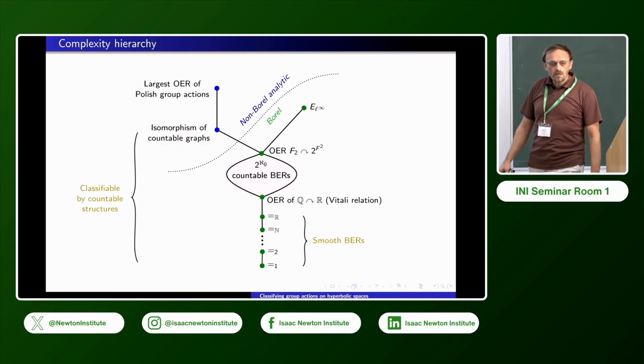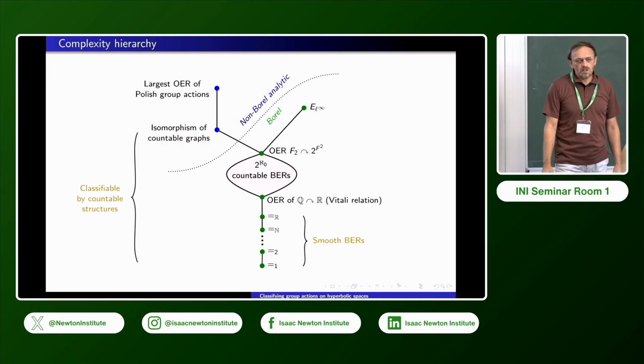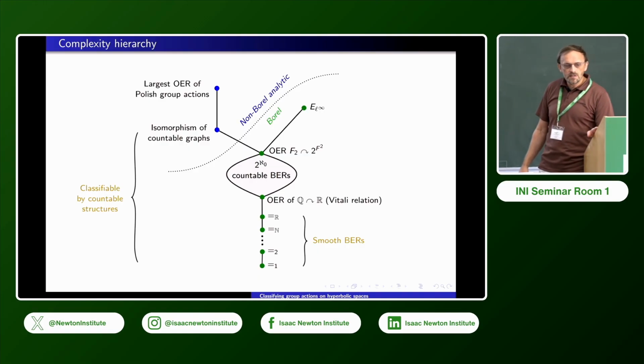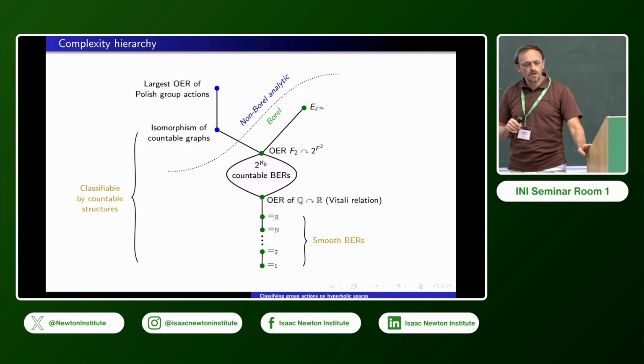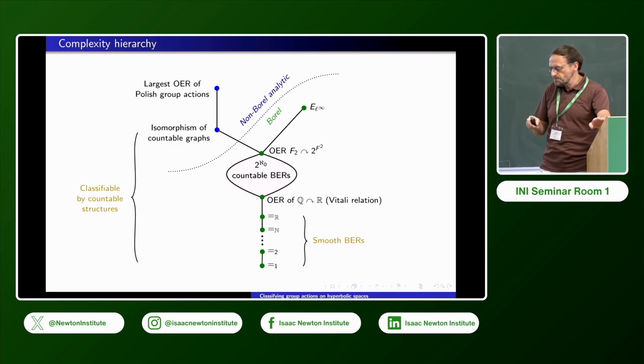You have a continuum of Borel equivalence relations with countable equivalence classes, and the structure they form, the partially ordered set up to Borel reducibility, is very complicated.